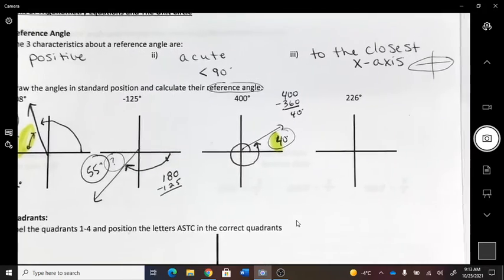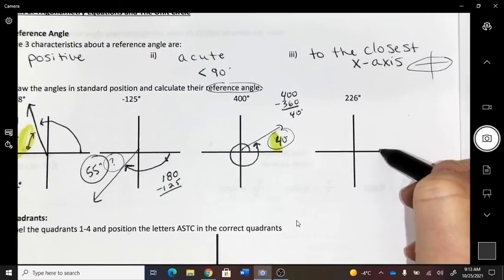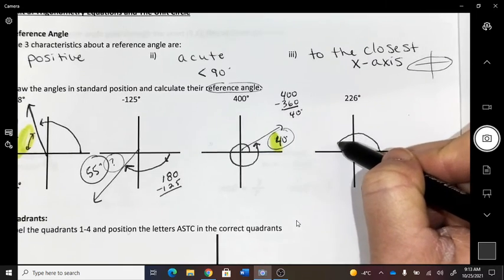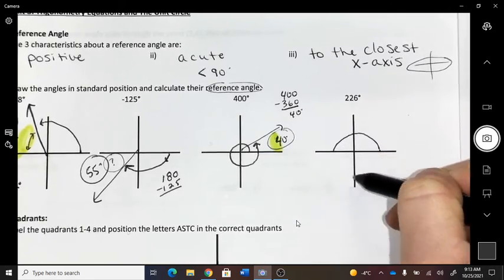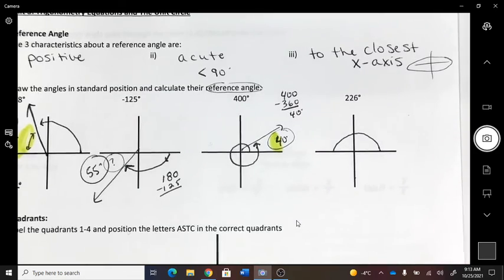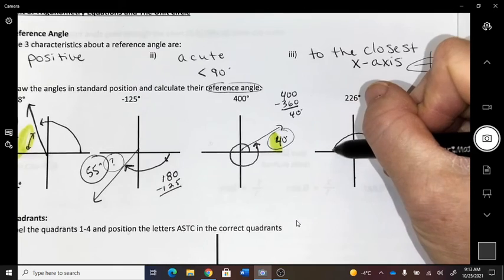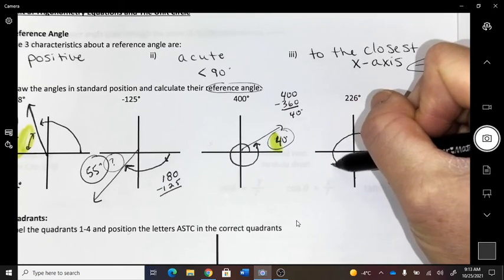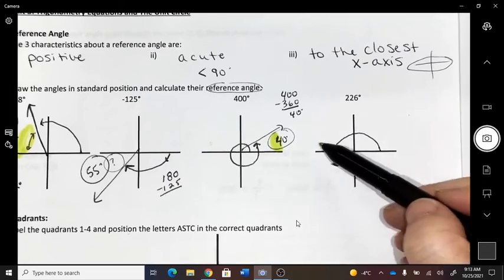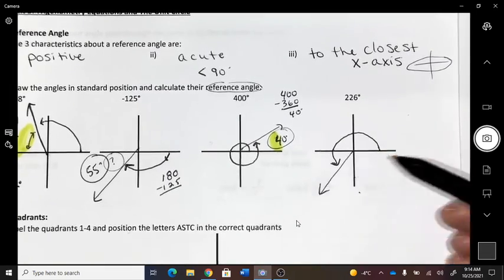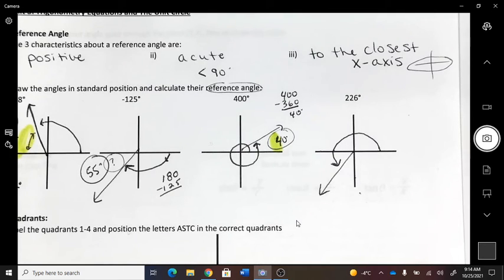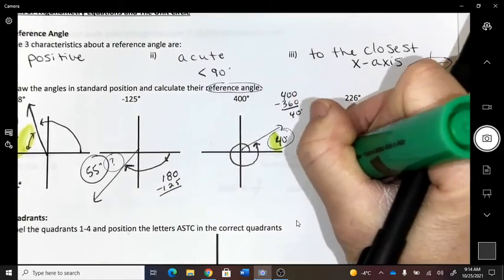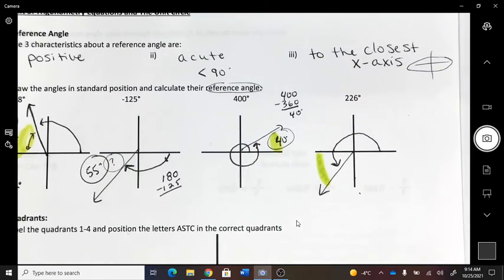Okay, 226. Normal direction, so 90, 180. I can't go to the bottom one because that's 270, so that's already too big. So I'm in this quadrant, quadrant 3. 180, 270. This is the piece I want to know. The reference is from there to there. I just want to know that little distance.